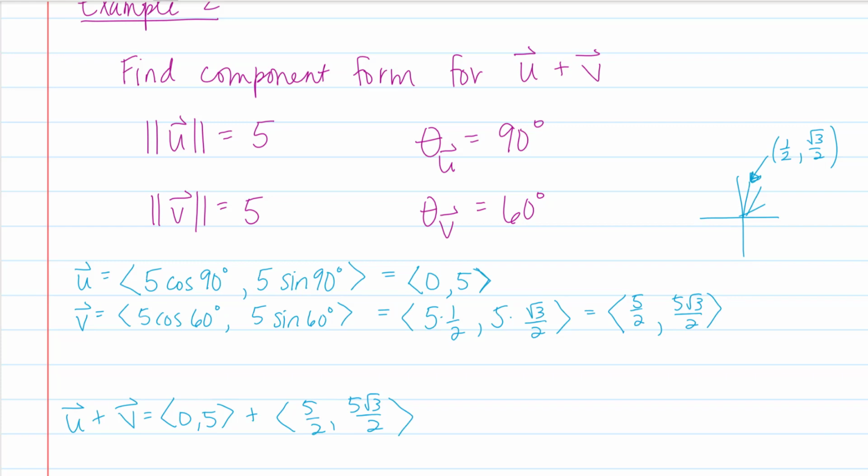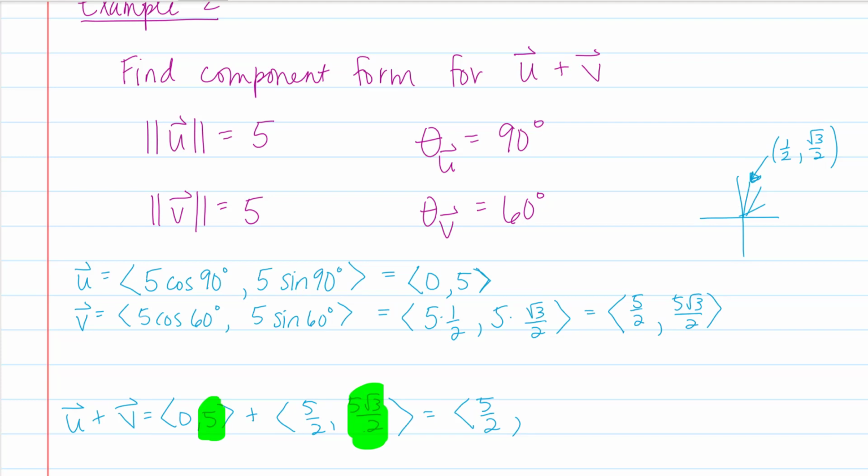Alright, so 0 plus 5/2 is 5/2. It's easier to add these together if I have a common denominator. So if I've got 5 and I've got 5 root 3 over 2, my common denominator is going to be 2.